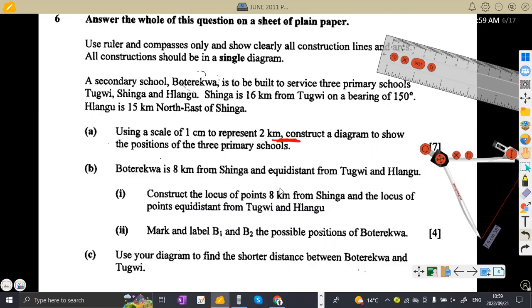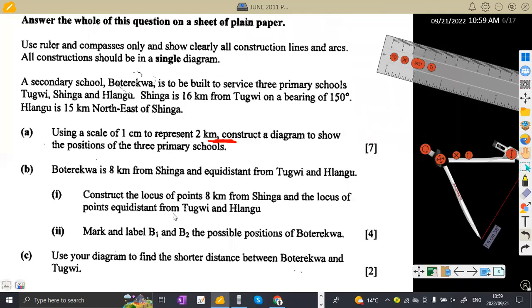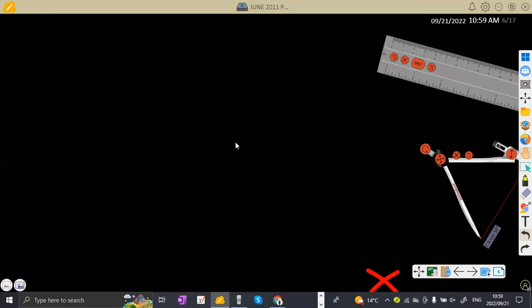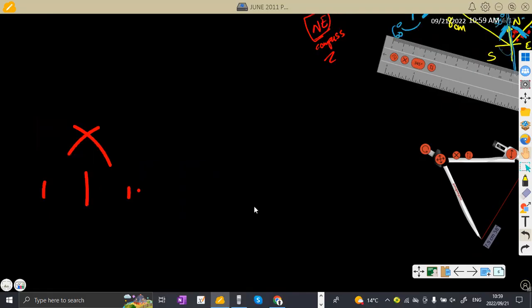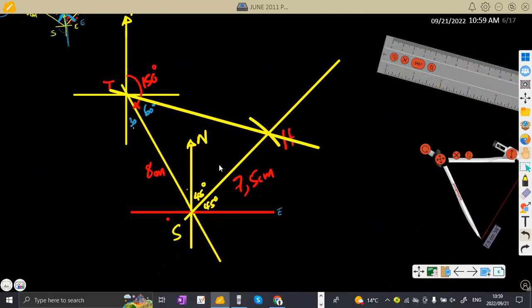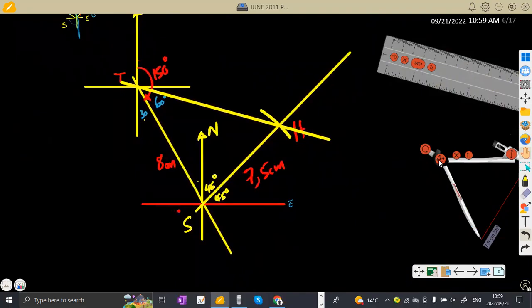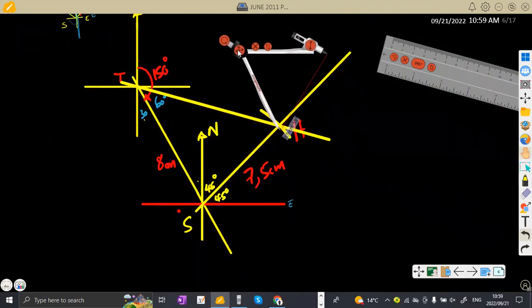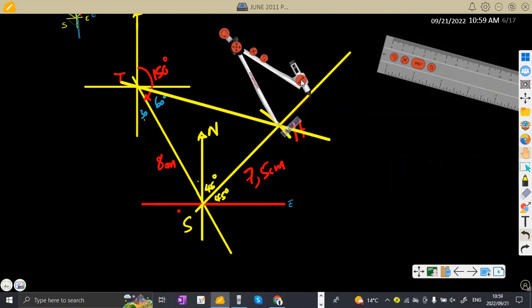So 8 kilometers is a circle. So you're going to draw a circle from Shinga, which is 8 kilometers. So you divide by what? You divide by 2. All right, so let us get back to our diagram. Our diagram is a little bit far. Okay, so it's here. So like I said, guys, on your measurements, you measure 4 centimeters, you construct a circle depending with where it is going to be, but here it's going to be somewhere here.